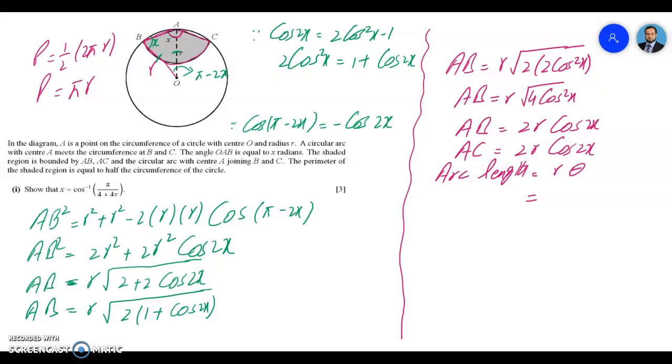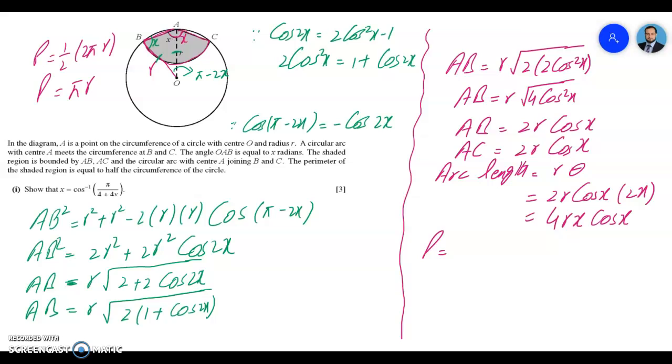Here r is the length AB, which is 2r cos x, and this is also cos x. So the arc length is 2r cos x times the angle theta, which is 2x, because this is x and this is also x. If we simplify this, it is 4rx cos x.